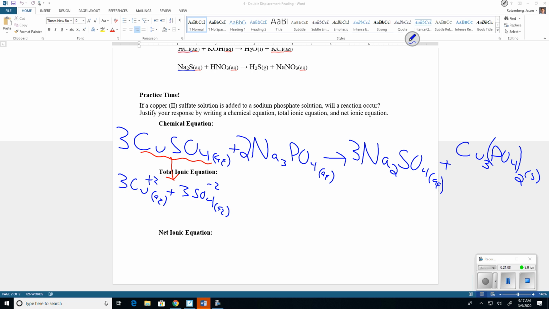Quite frankly, it's similar to what I just did to balance the equation. How many coppers do I have on each side? How many sulfates do I have on each side? How many sodiums do I have? 6. 2 times 3 is 6. So I have 6 Na+ ions, and I have 2 of the PO4.